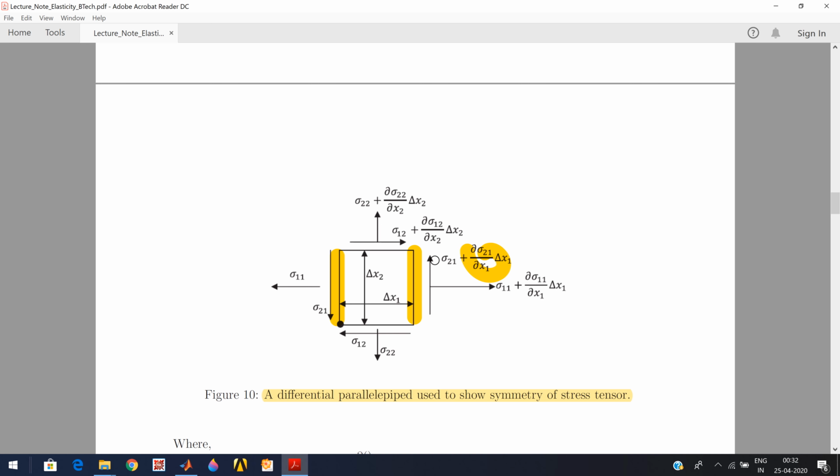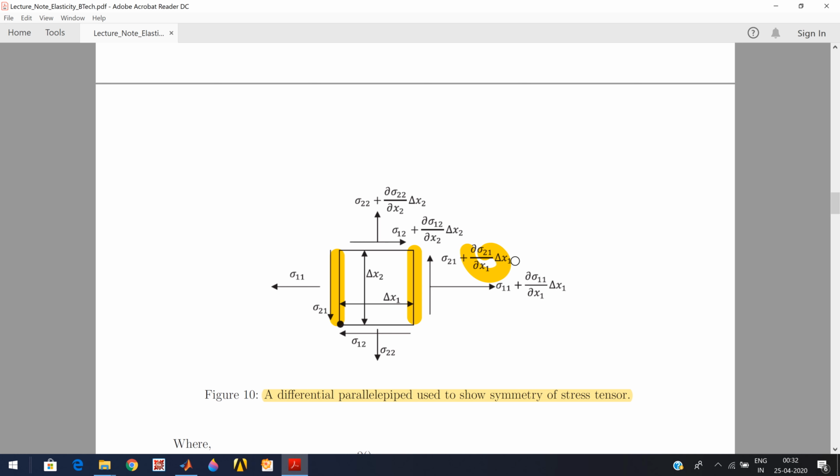If we consider sigma 2 1 as a stress, then the total force will be stress times the area, and the area of this face is delta x2 times delta x3, because delta x3 is the perpendicular distance. Then we are taking moment about this midpoint, so the moment arm to each of these components will be delta x1 by 2, and it is counterclockwise, so we consider it as negative.